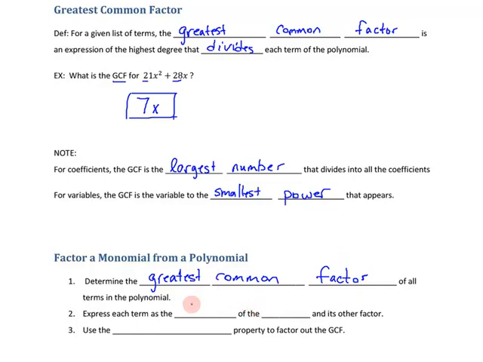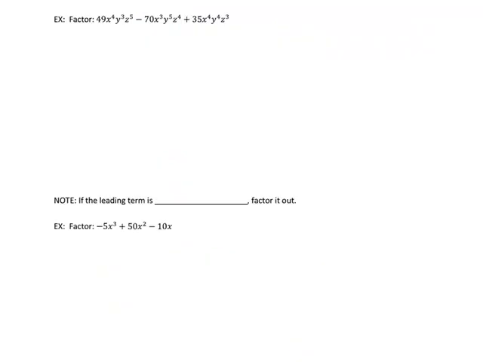Then we're going to express each term as a product of the GCF and whatever's left over. And then we're going to use the distributive property to factor out the greatest common factor. Let us go through those steps for this particular example.